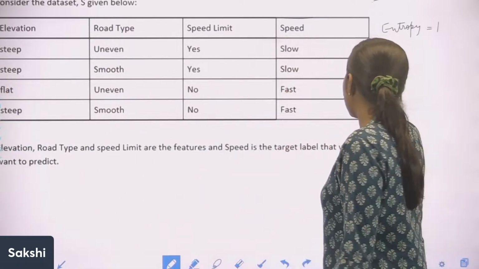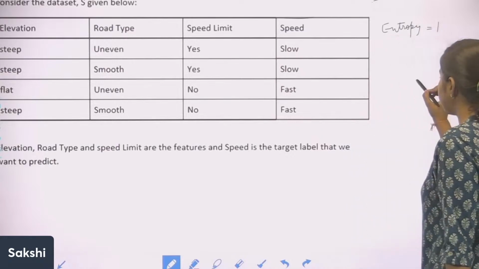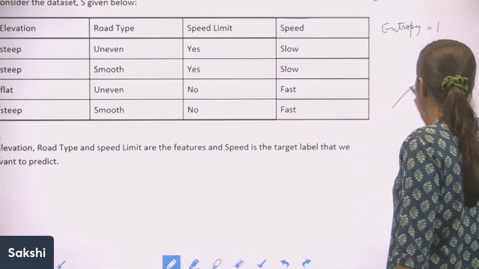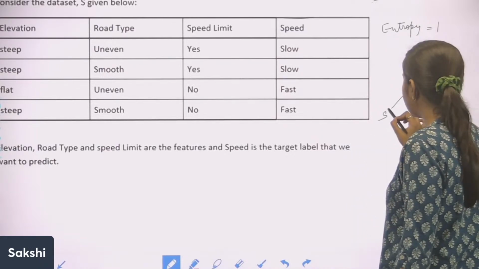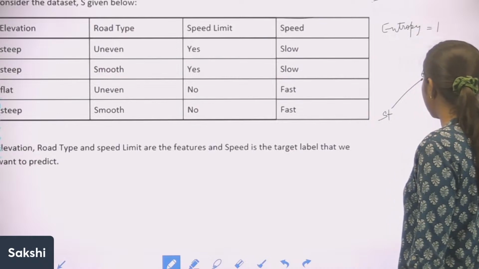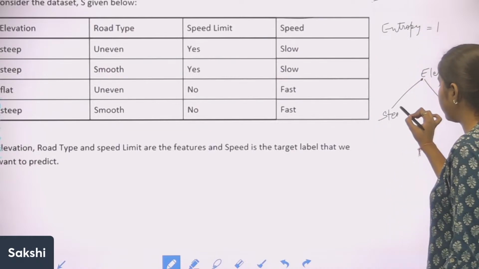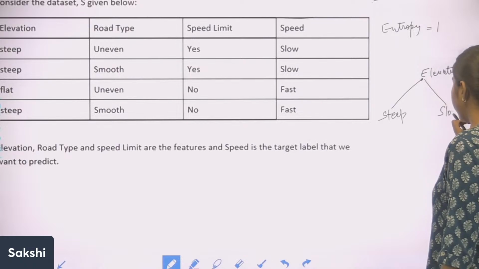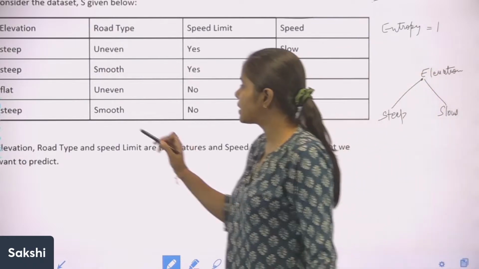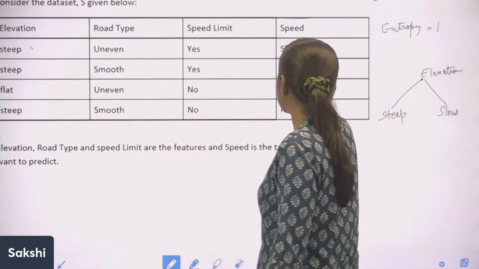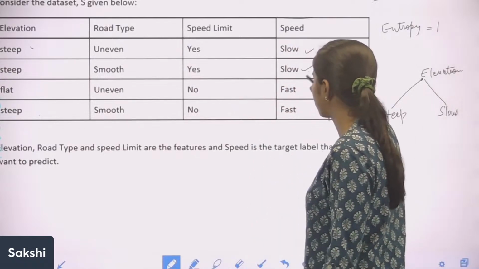See, this elevation feature gets divided into two parts, steep and flat. If you look at steep, you have 3 examples, and in these 3 examples you have 2 slow, 1 fast.